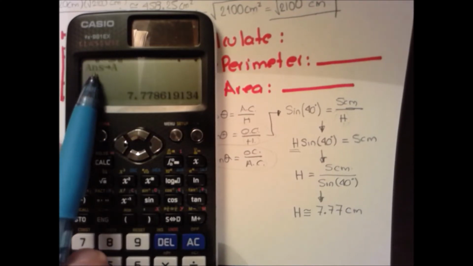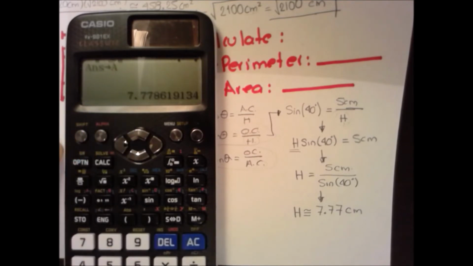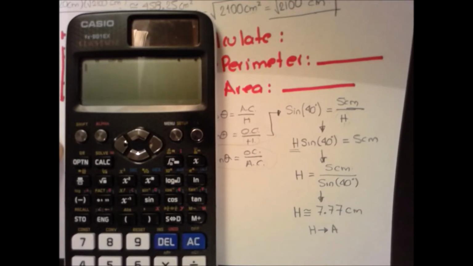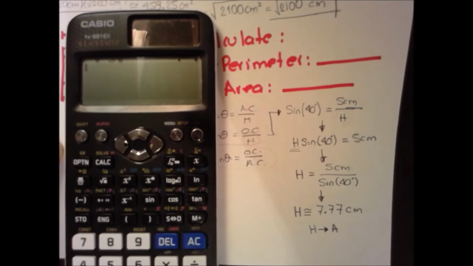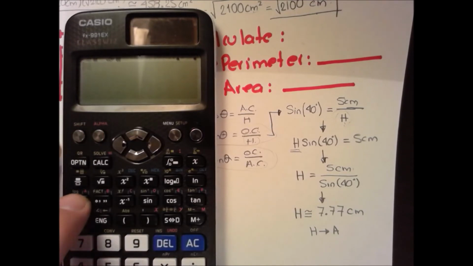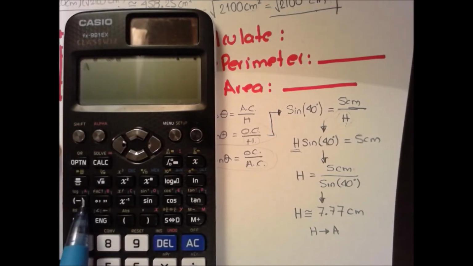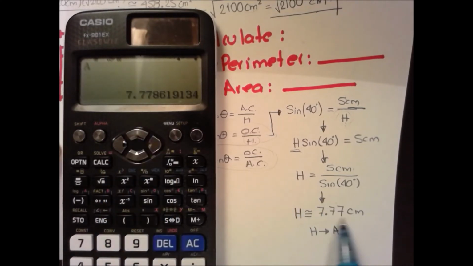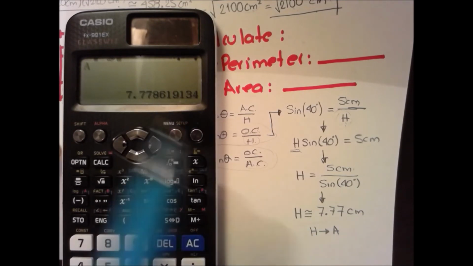Here it says Ans, then an arrow and an A. It means that this value is stored with the letter A in my calculator. So when I want to use it again, let me move this a little bit to have a clearer vision. Look at this. If I select alpha and then A, can you see it? Alpha A, and then press equal. Look at this. I have this number. This datum is inside the memory.